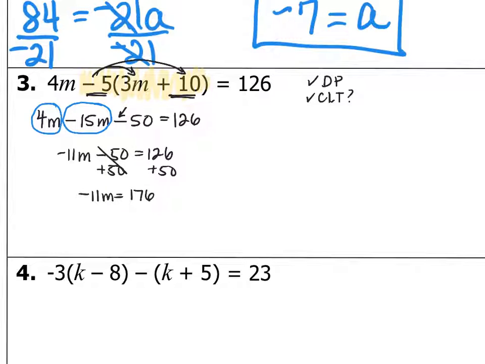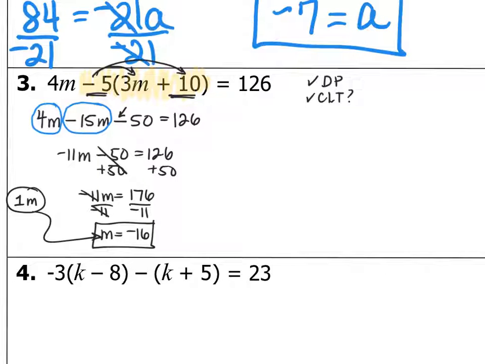Then I will divide both sides by negative 11 to get a final answer of m equals negative 16. Now, fun fact, why are we crossing these negative 11s out? Because negative 11 divided by negative 11 is 1, and you end up with 1m, or an isolated m.